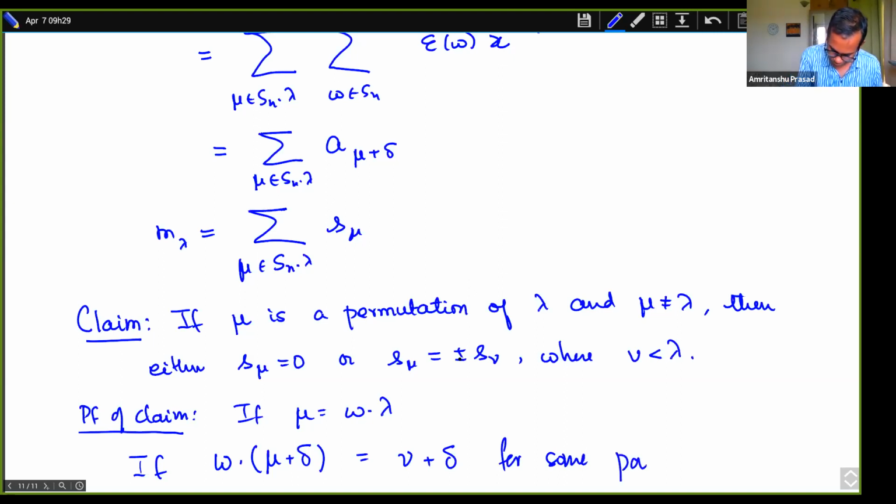That's when we have S mu is plus or minus S nu, the sign of this, for some partition nu of n and w in Sn.